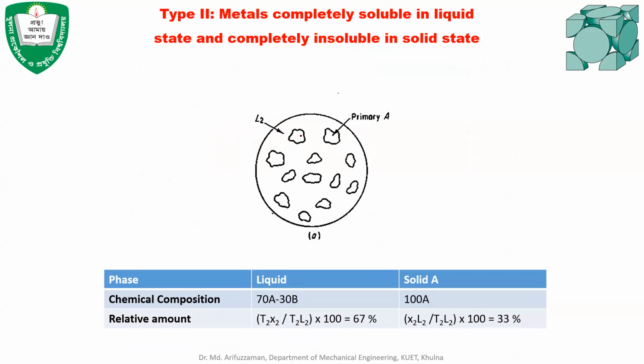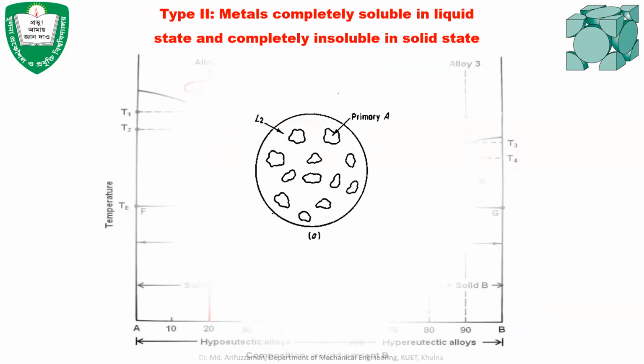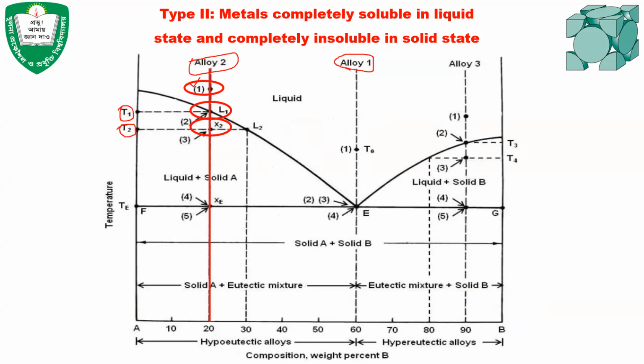The crystals of A will be formed, and the liquid will have both A and B. If we want to determine how much solid is produced at temperature T2, that means how much metal A has been solidified, then we have to apply the lever rule.